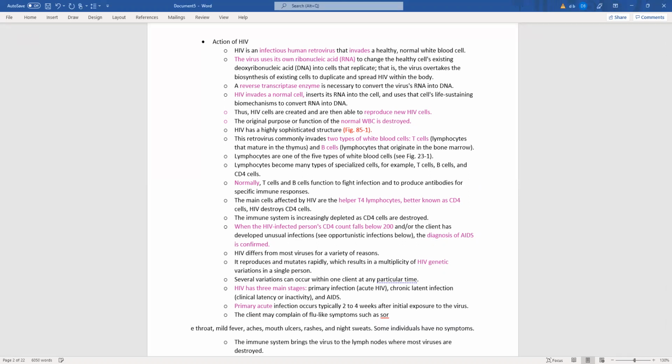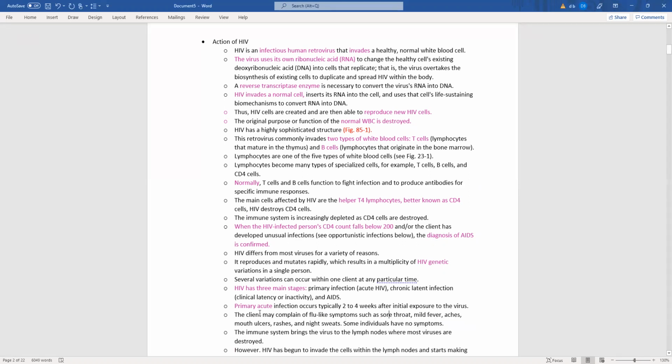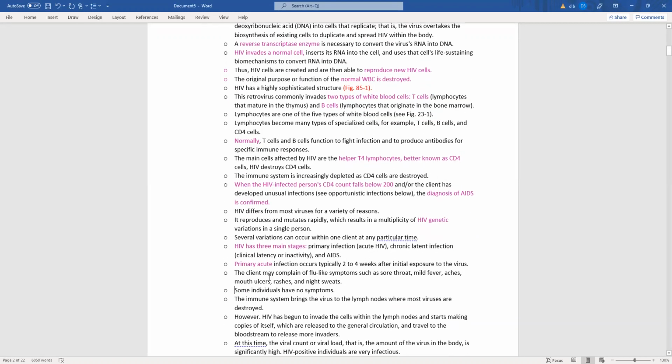So they're going to think they got the flu. Mild fevers, aches, all that stuff you get with the flu. Mouth ulcers, rash, night sweats. And some individuals may have no symptoms. I'm going to highlight that so y'all can know what the complaints are.